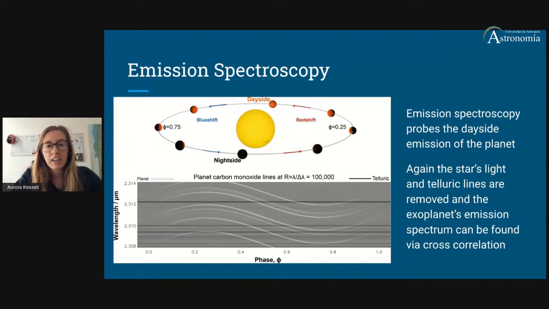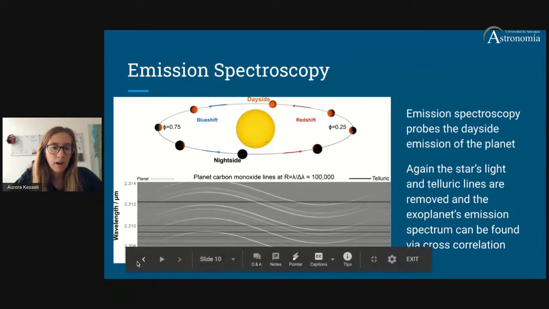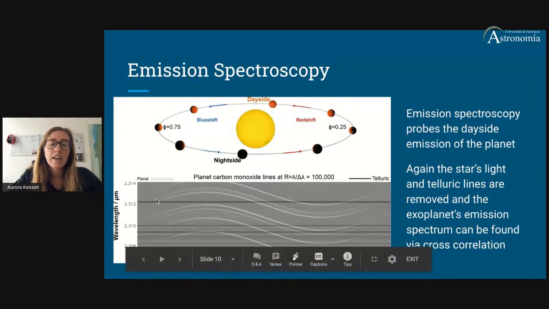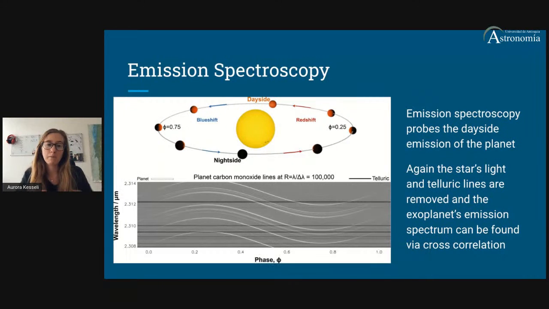Before, we were looking at the region right around phase 0, so right around here. And you can see that the lines go away because we're looking at the night side. But if this planet is transiting, we would start to see lines from the star spectrum going through the atmosphere of the planet.